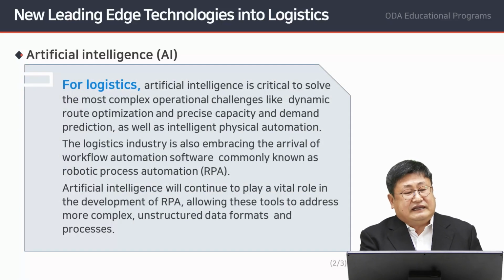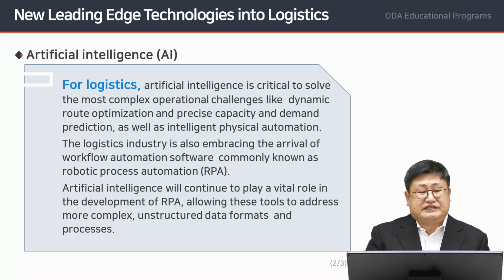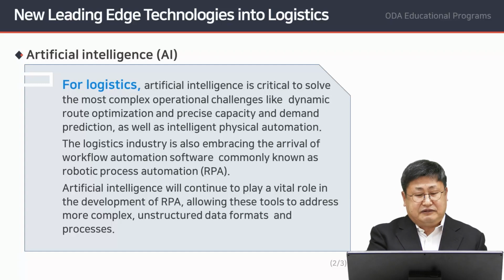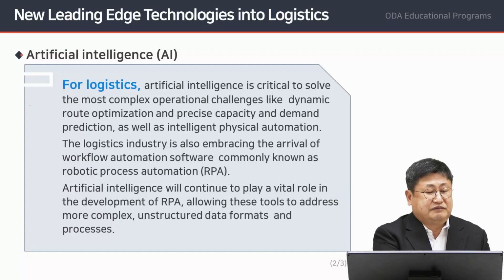And for the logistics side, artificial intelligence is critical to solve the most complex operational challenges, like dynamic route optimization and vehicle routing. We have a logistics center, we have a customer here, and then you have a first vehicle, second vehicle, third vehicle.